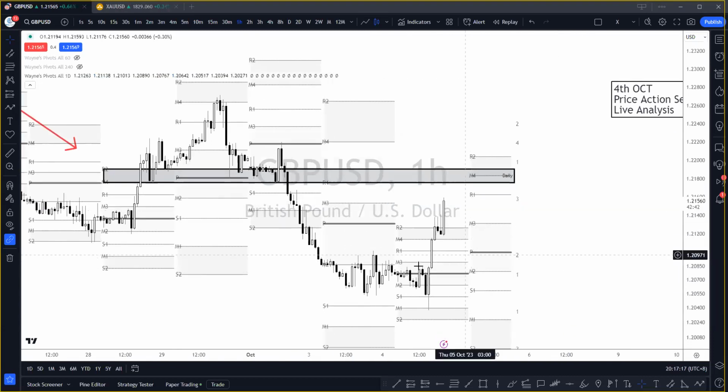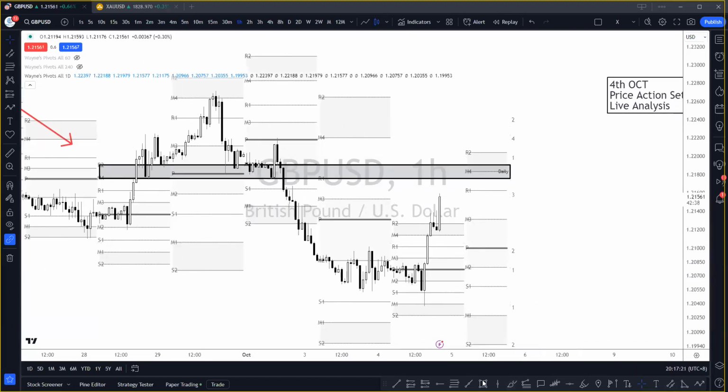So where are we right now? We're going into the London session. We're just going to use the daily pivots a little bit more. And again, if you're following the ICT SMC concepts, this move up here forms an order block before it was taken out and broken below.